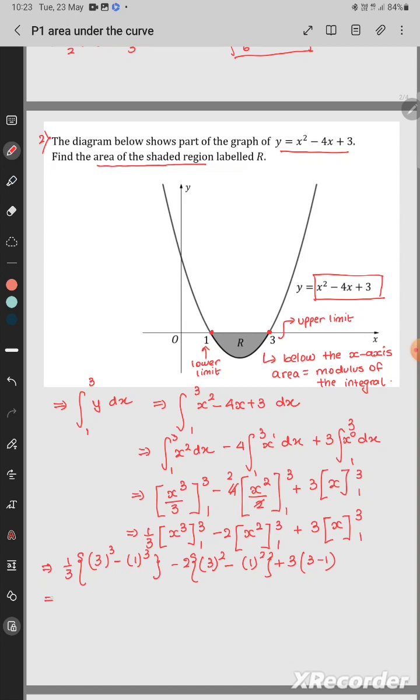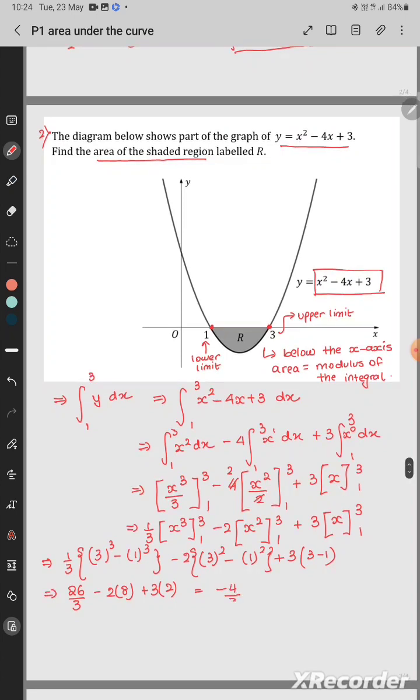Right, so next step. So this is going to give us 27 minus 1, so 26 by 3, minus 2 into 9 minus 1, 8, plus 3 times 2. So if you solve for this, you're going to get negative 4 by 3.